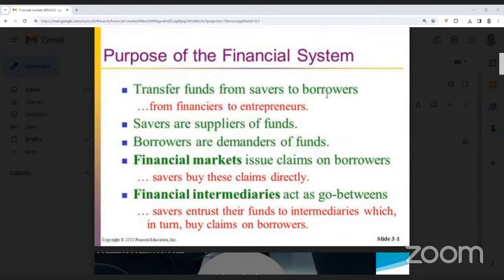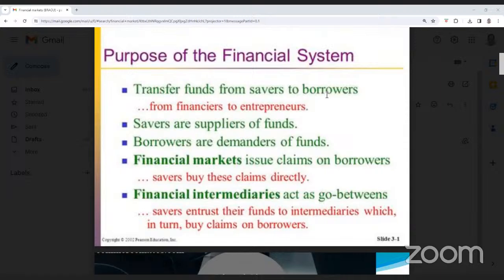And now next is the financial markets. They issue claims on borrowers, that is, savers buy these claims directly. So I'm getting it from the bankers. I don't know who the borrowers are who have taken my money.